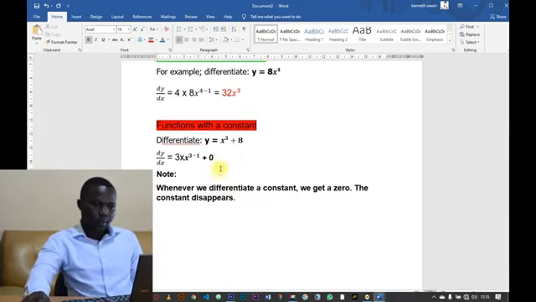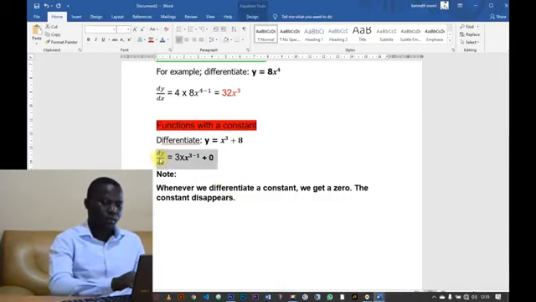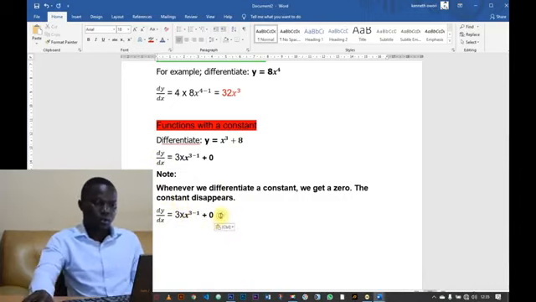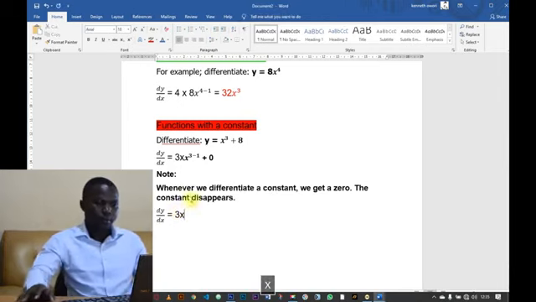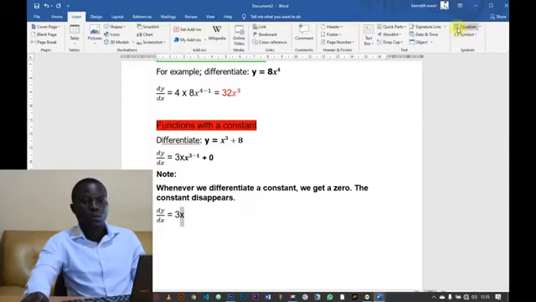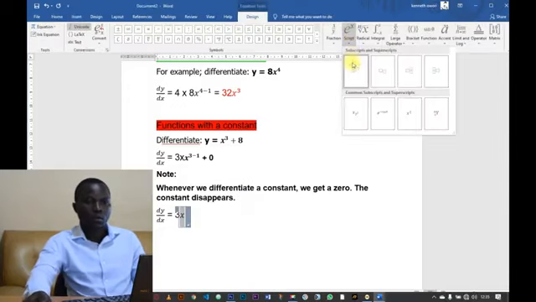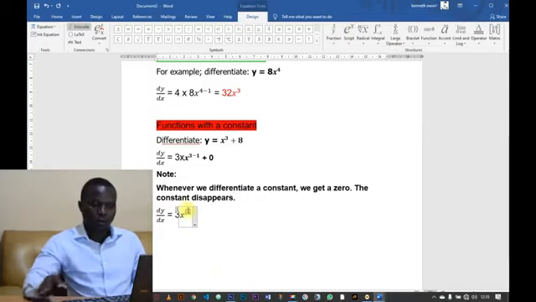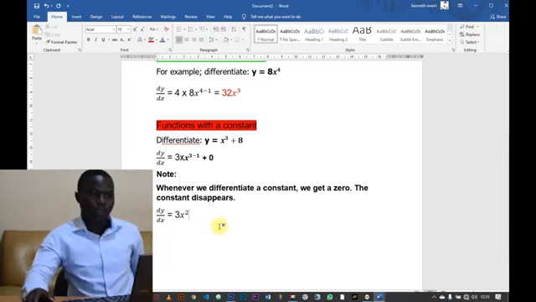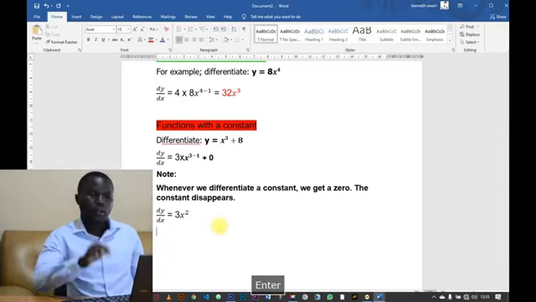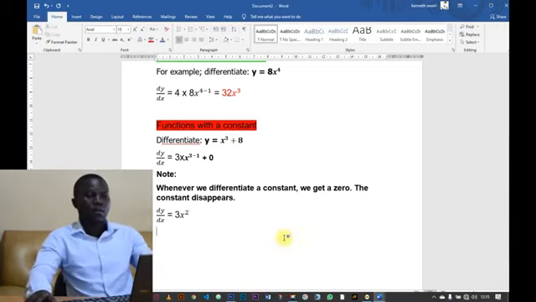The constant disappears. So in other words, our derivative would be 3x power 2, and that would be the derivative whenever we differentiate a function with a constant. So I hope you're following.